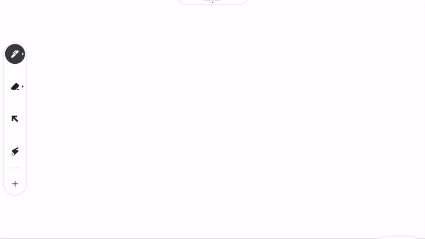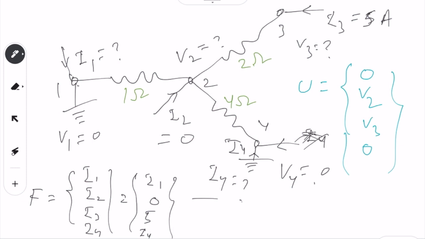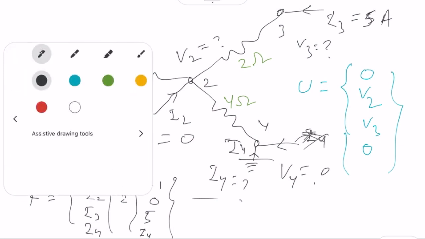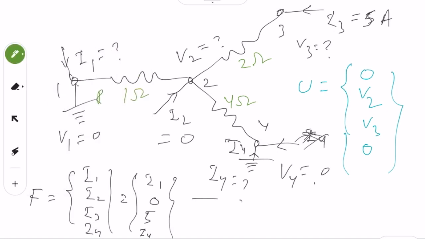Let's name them: this is resistance number 1, R1, this is R2, and this is R3. So element number 1 is here, we call this 2, and this is 3.